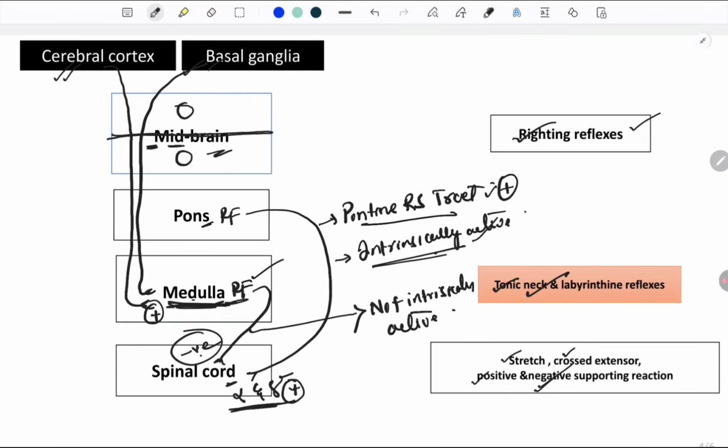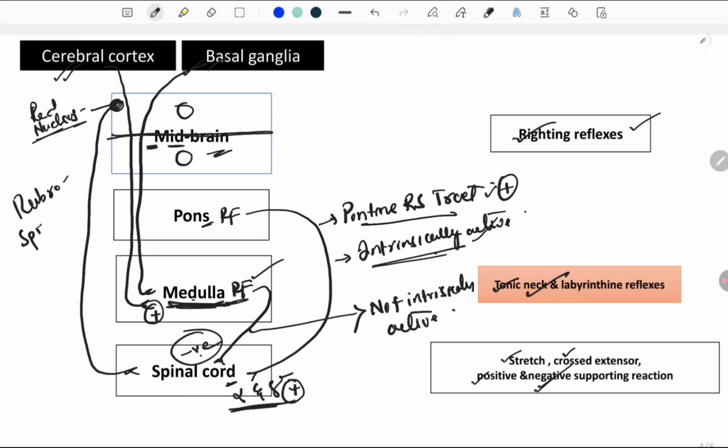Now, the third important structure that we need to remember here is called the red nucleus. What's the name of this? Red nucleus. And where is it present? This red nucleus is present in the upper part of the midbrain, and it gives rise to a tract called the rubrospinal tract. What's the name of the tract?